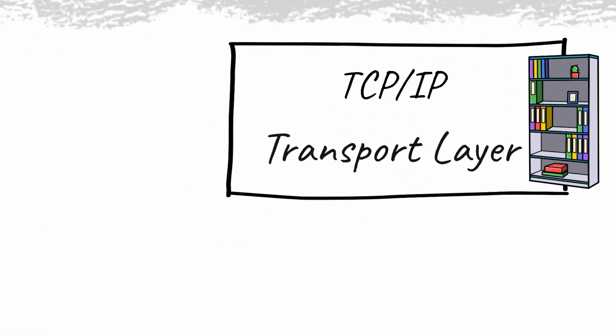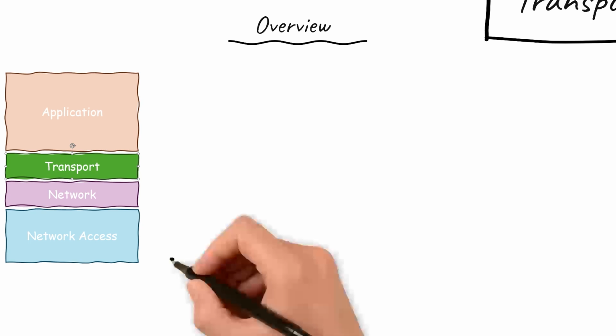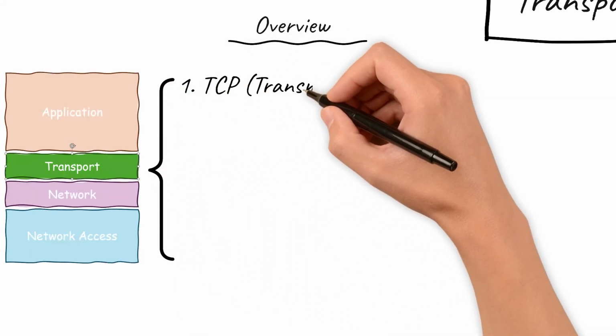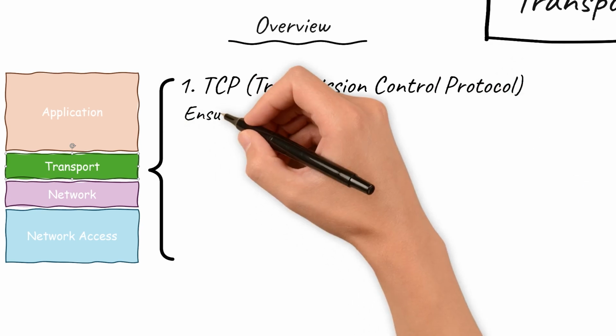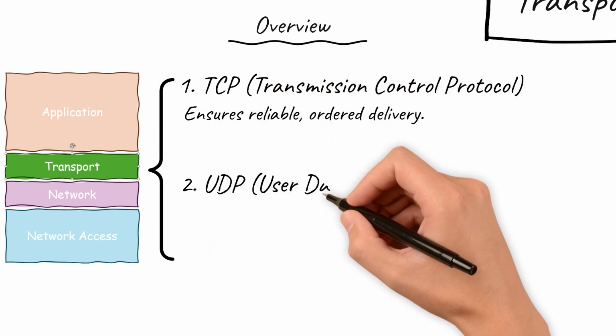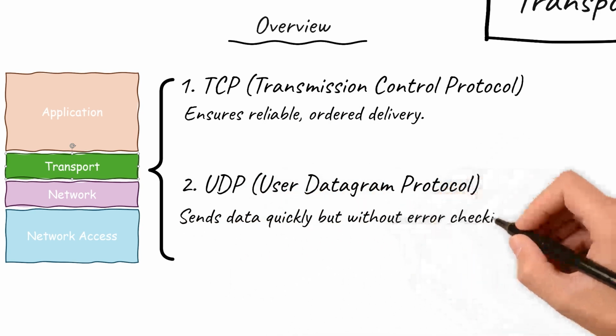Transport layer. The transport layer is the second layer in the TCP/IP model. It provides services to application layer protocols by ensuring data delivery between devices. The two most common transport layer protocols are TCP, Transmission Control Protocol, which ensures reliable, ordered delivery, and UDP, User Datagram Protocol, which sends data quickly but without error checking.